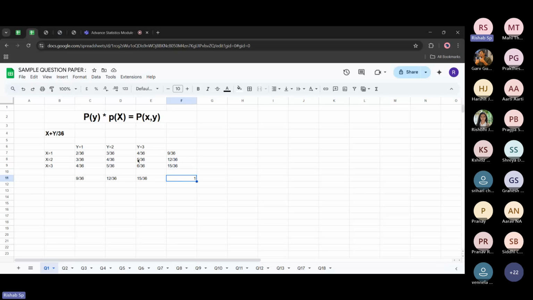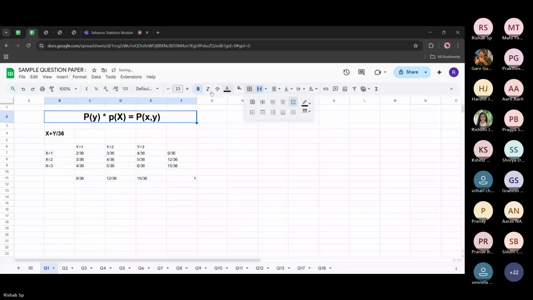So what we really need to find, we have these two values, P of Y into P of X.